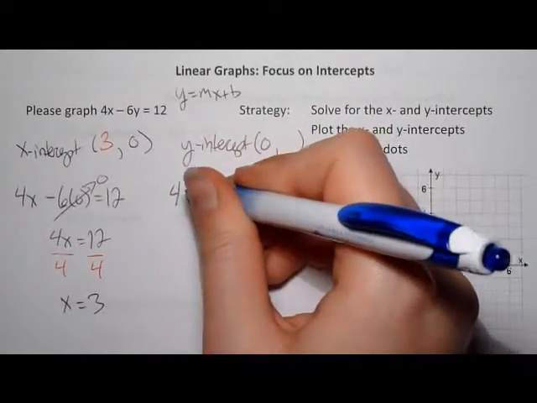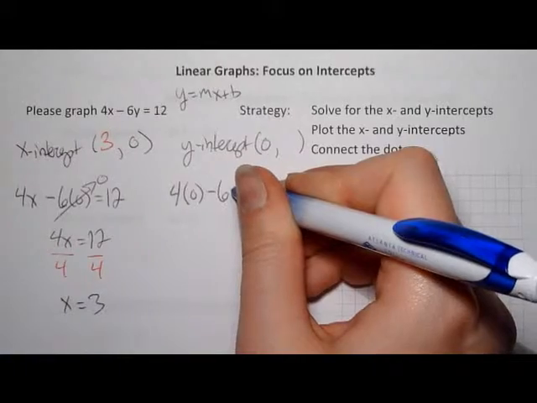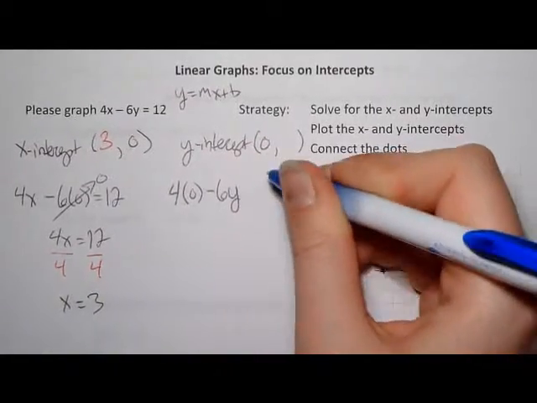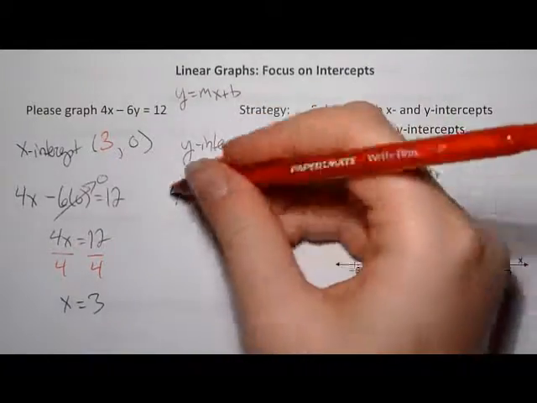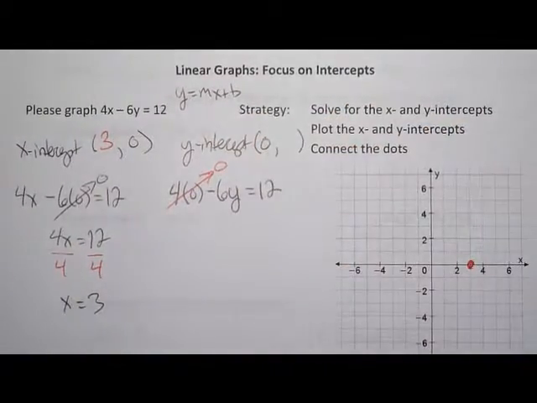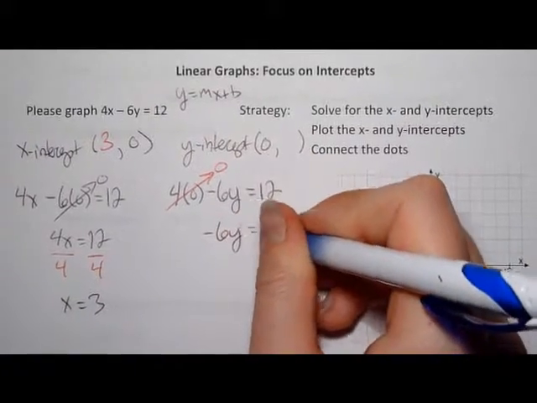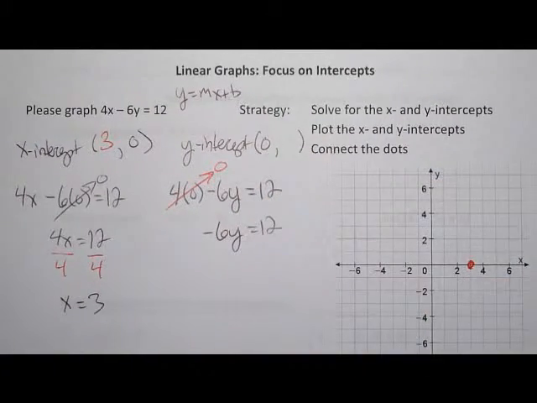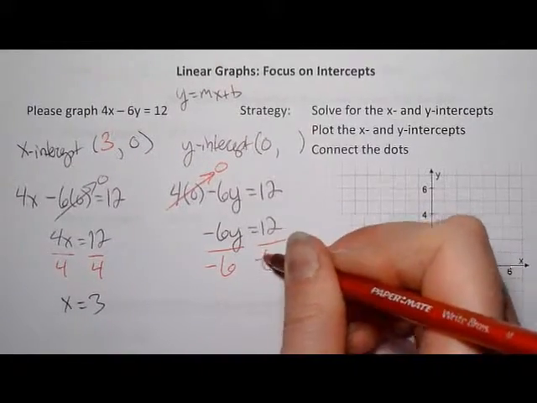Now I'm going to go ahead and solve for my y-intercept. My original equation, 4x, x is replaced by 0. So 4 times 0, minus 6y equals 12. 4 times 0 is 0, so this cancels out. I'm left with negative 6y equals 12. I'm going to divide by negative 6 on both sides.